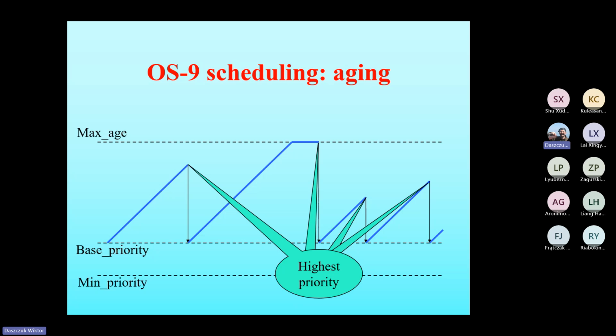The highest priority process gets the processor. Here the process got the processor, so we judge that other processes had lower or equal priorities. So the process got the processor, and its priority was suppressed back to base priority.